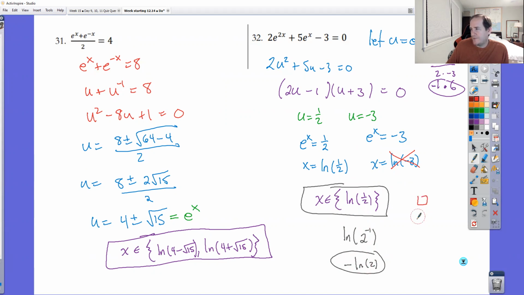And so if you're presented with multiple check boxes and multiple different expressions, if one of them is the ln of 1/2, you better check that. And if another one down here is negative ln of 2, you better check that. And maybe there'd be more, who knows? But I hope you understand that. I'm basically asking you just to break these things down if you can.